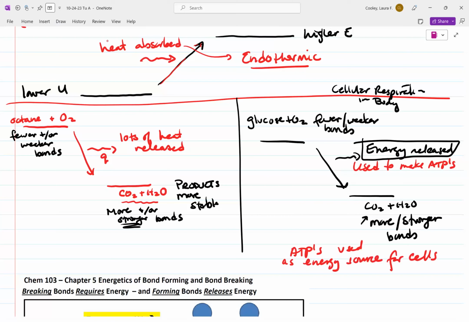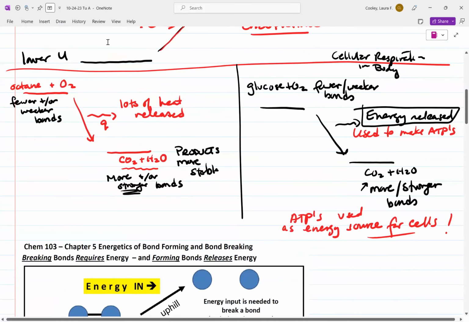So it's the energy source for cells. All of this happens because these particular reactions are very downhill reactions, ending up with a more stable situation with stronger bonds than what we started with.